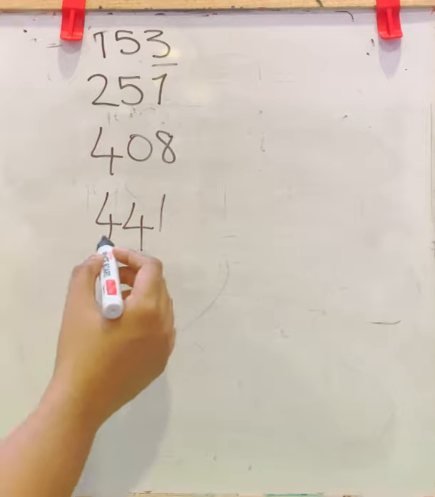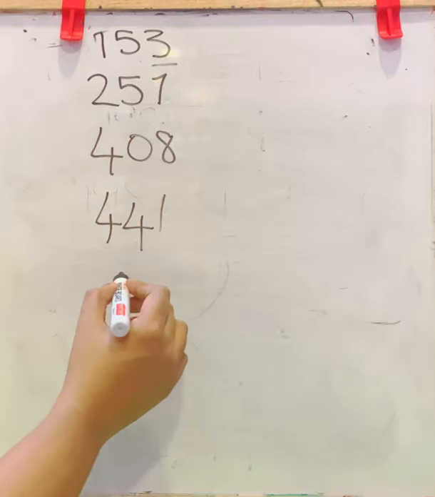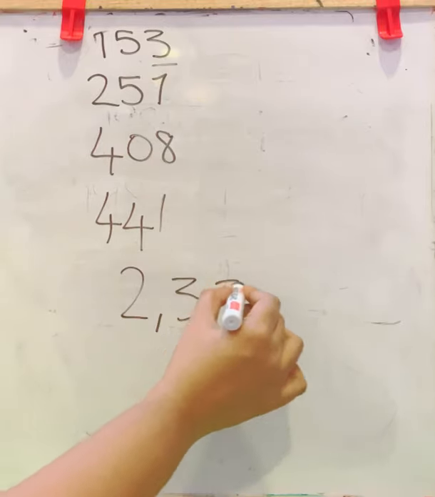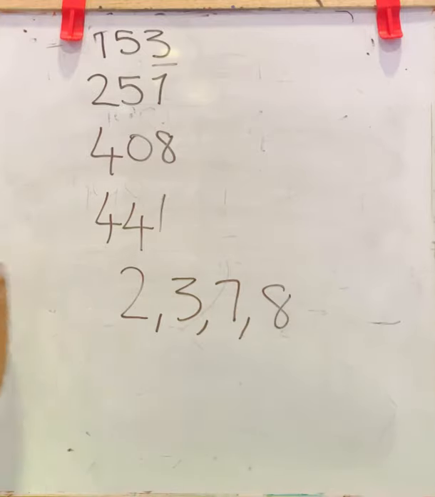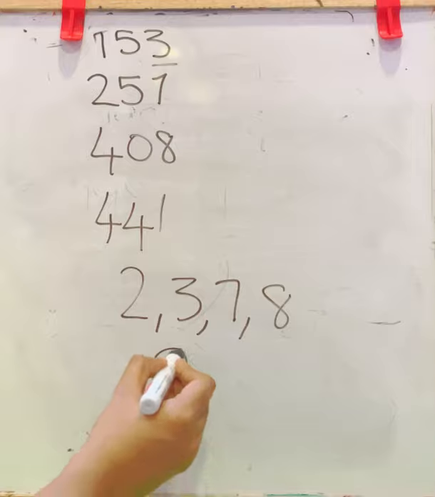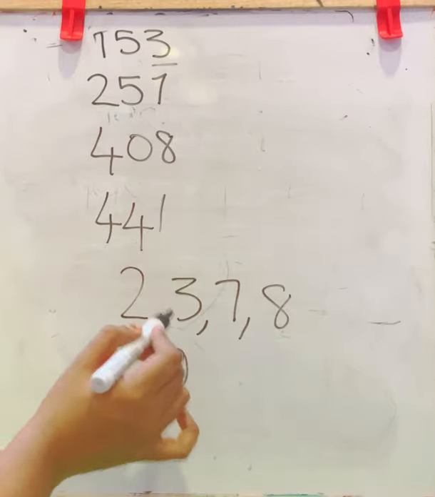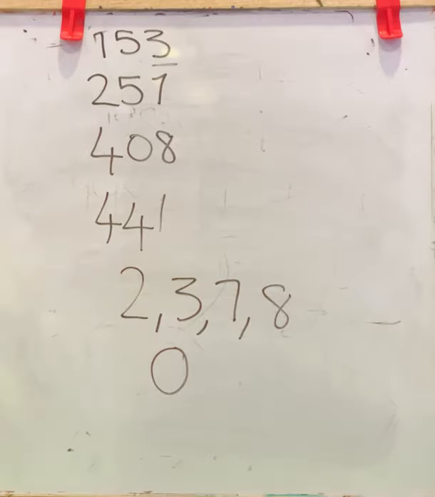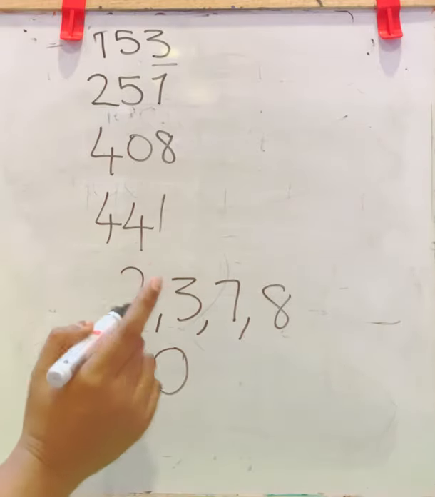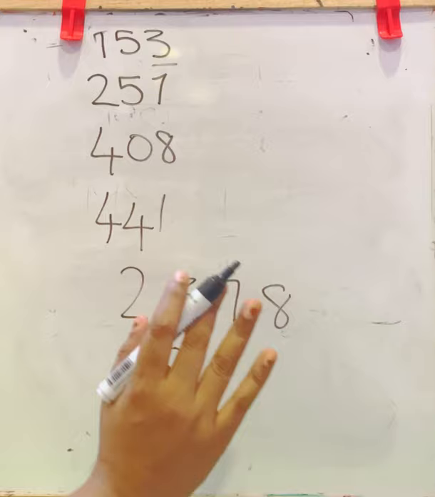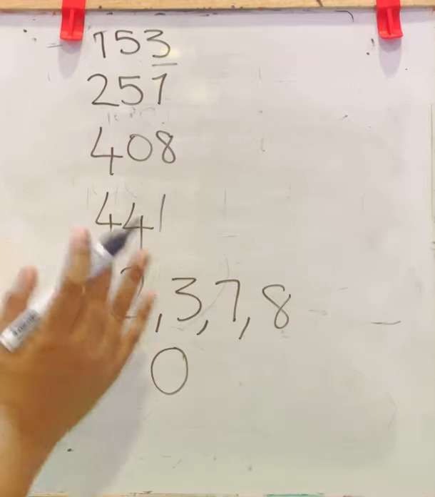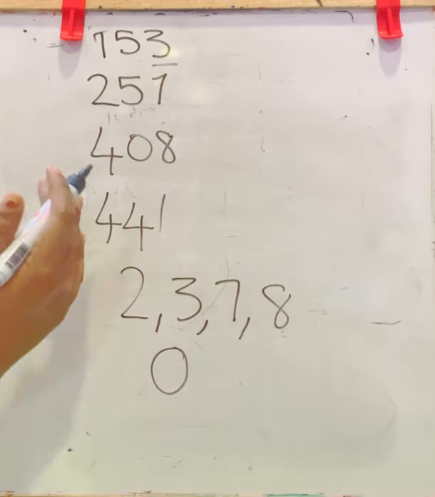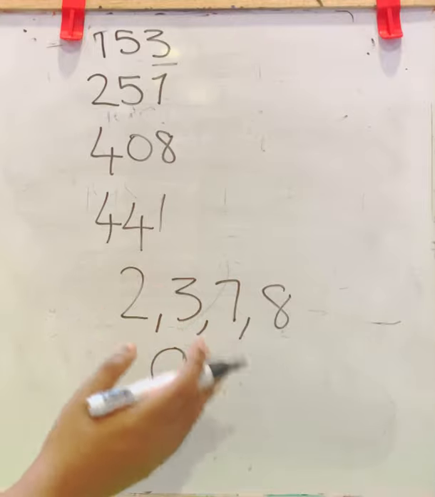We already learned that if units digits are 2, 3, 7, 8, these are not perfect square numbers. Also, in the case of 0, if the number is ending with digit 0, then you have to count how many zeros are there. If we have an odd number of zeros, it is not a perfect square. If it is an even number of zeros, then there is a chance to be a square number.